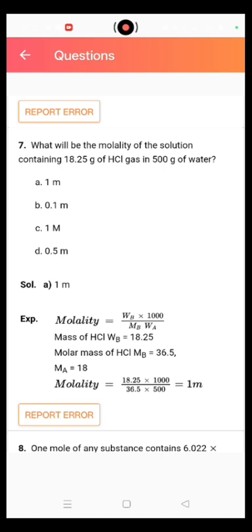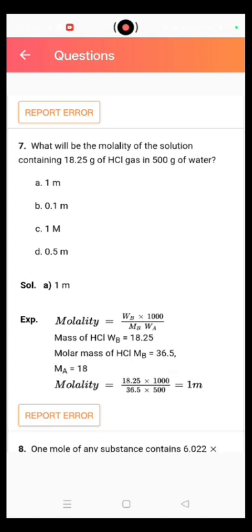So to calculate number of moles, it is mass by molar mass. So mass is WB, molar mass is MB. So WB by MB divided by WA, mass of solvent in kilogram. To convert that into kilogram, WA by 1000. So this equation becomes WB into 1000 by MB into WA. See, WB is mass of solute and WA is mass of solvent.